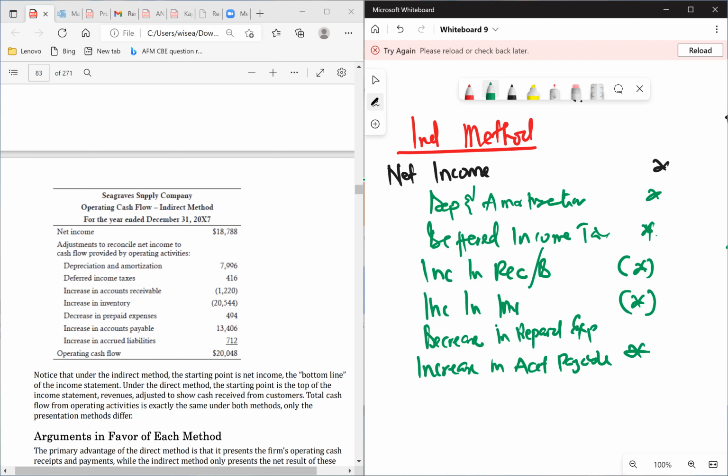Increase in accounts payable is a plus because it means the company owes a lot and is not paying out their cash. The same way, decrease in accounts payable means a reduction in cash because you have paid out money to reduce how much you owe suppliers.